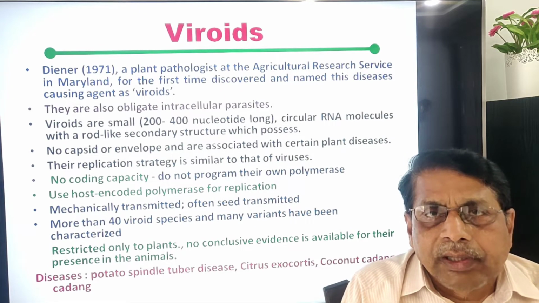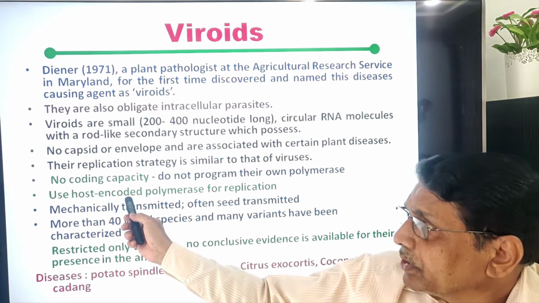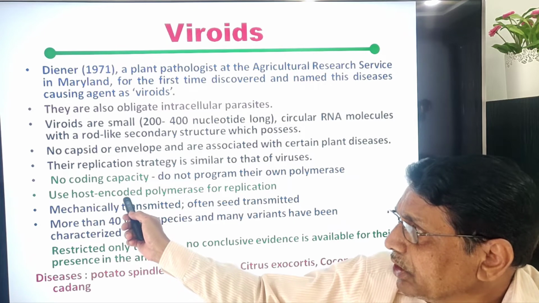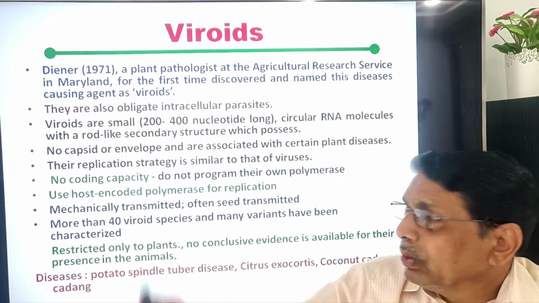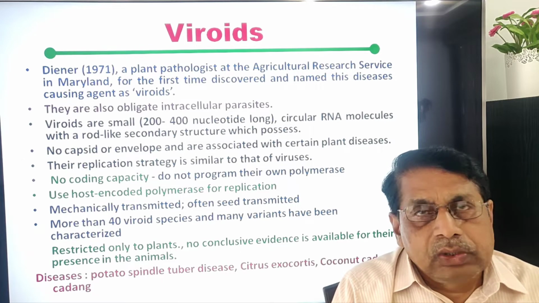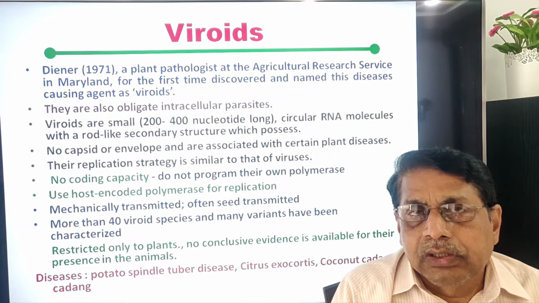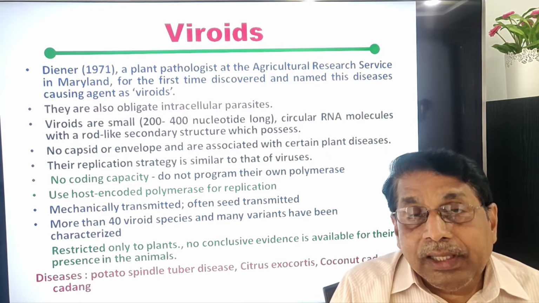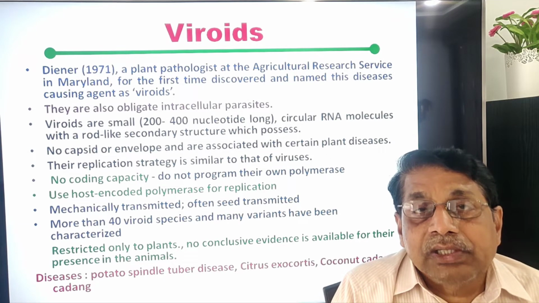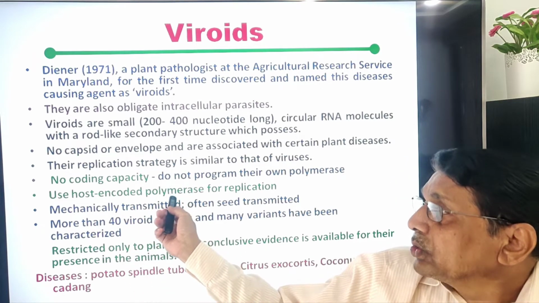No coding mRNA. They do not program their own polymerase. For replication, they make use of the host polymerase because they don't have the proteins. They cannot synthesize proteins, but they should replicate. For replication, polymerase is required. That's why they make use of the host polymerase.